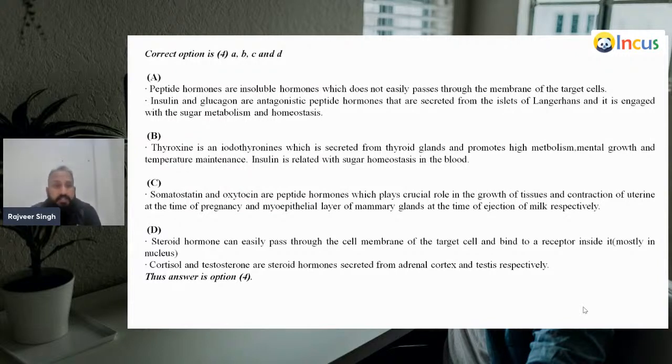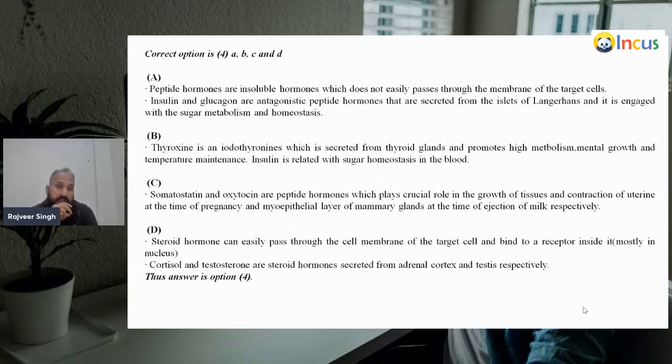Thyroxine is an iodothyronine which is secreted from the thyroid gland and promotes metabolism, mental growth and temperature maintenance. Insulin is related with sugar homeostasis in the blood. Somatostatin and oxytocin are peptide hormones which play a crucial role in the growth of tissue, contraction of the uterus at the time of pregnancy, and the myoepithelial layer of the mammary glands at the time of ejection of milk respectively.